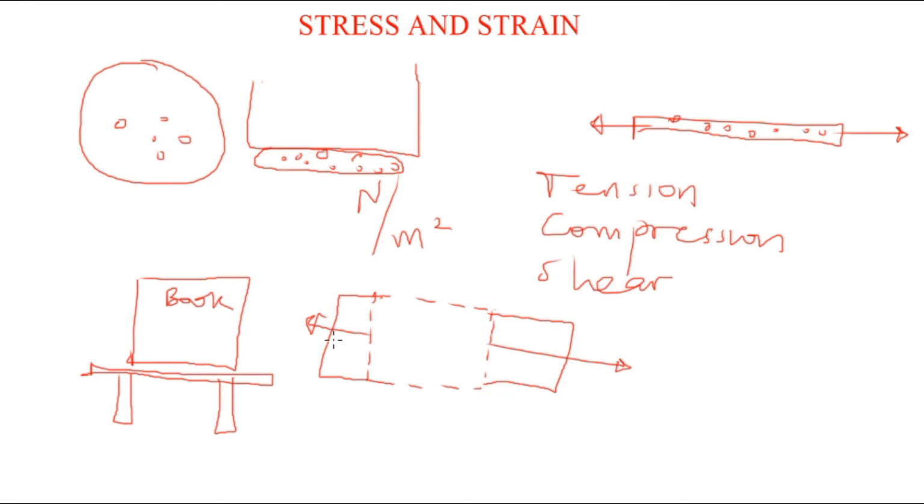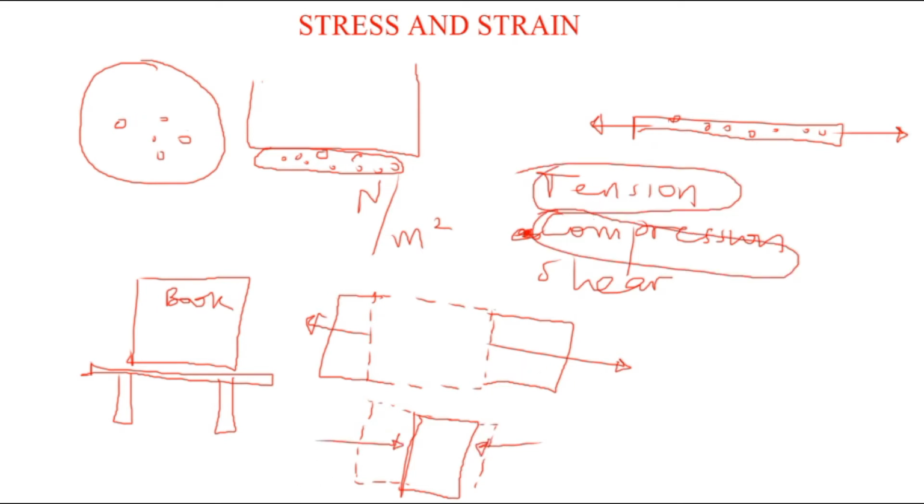The same way, if you exert a compressive force, the material will be compressed. This is the new dimension, and this is the old dimension. So the material is compressed. So a tensile stress helps to elongate a material, but a compressive force compresses the material.